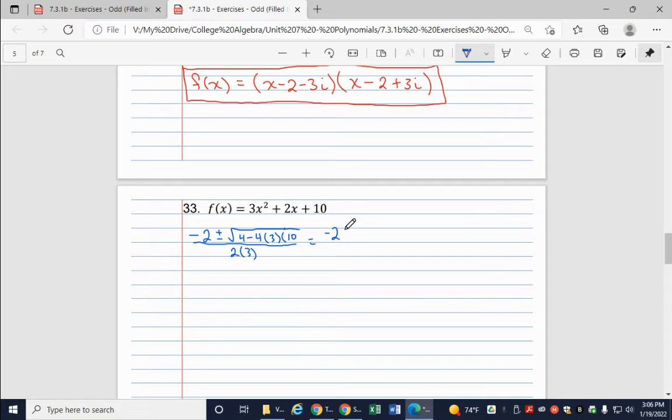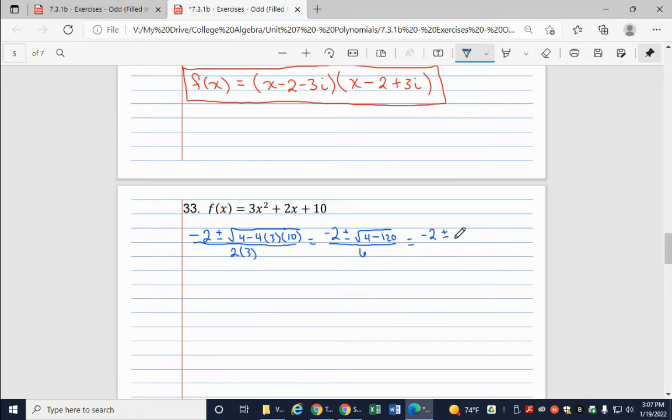So this is negative 2 plus or minus the square root of 4 minus 4 times 3 times 10. 4 times 3 is 12. 12 times 10 is 120. Divided by 2 times 3, which is 6.